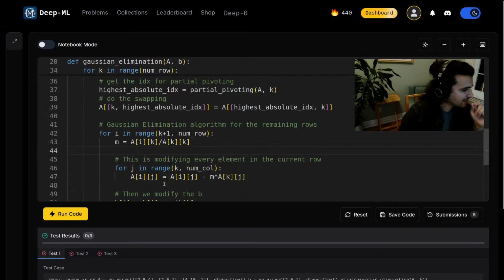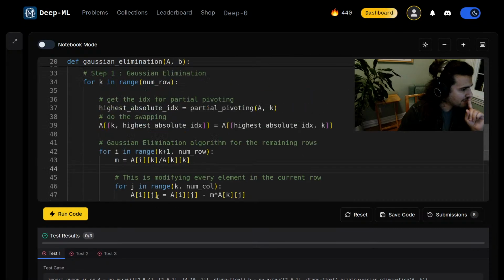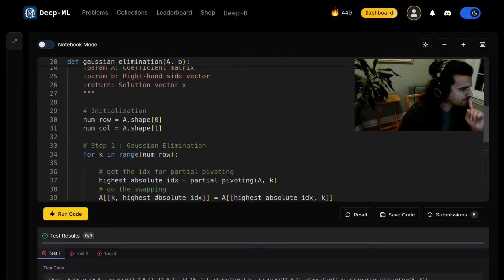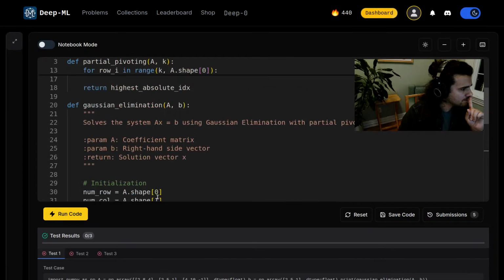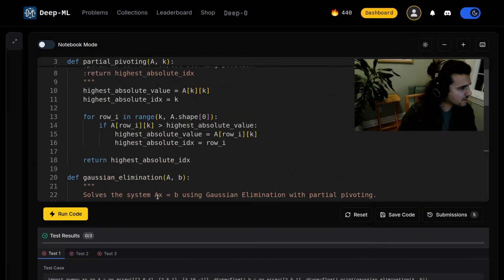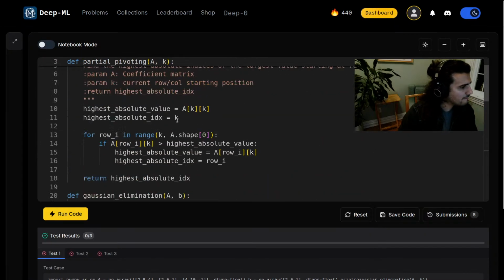I am not gonna get that hint. I am not gonna get it. Okay, the shape I think is good. I think this part is also fine. I feel like this is the, oh wait, no, maybe this is messed up.